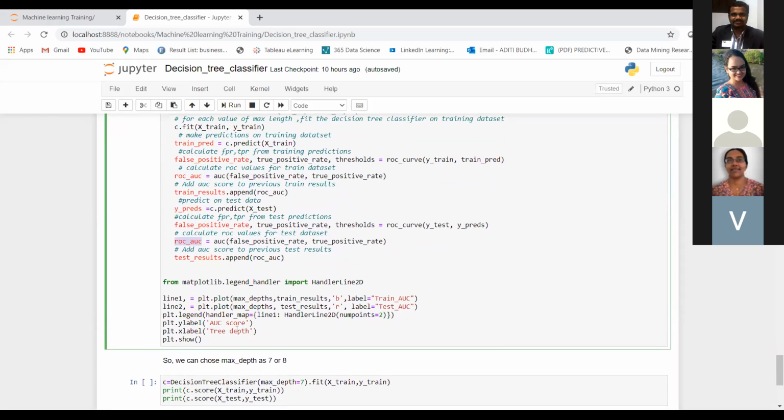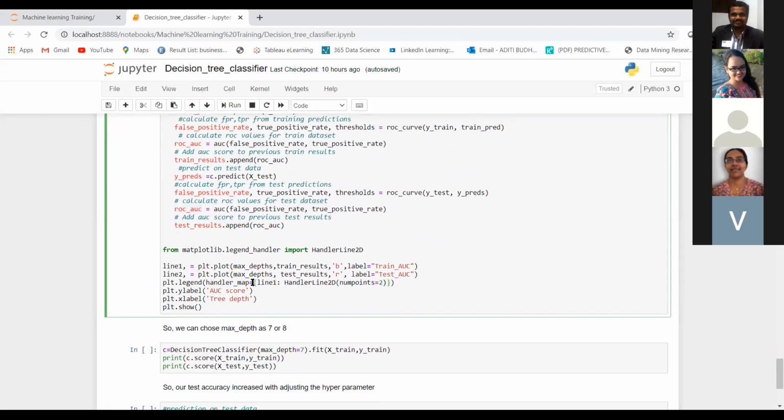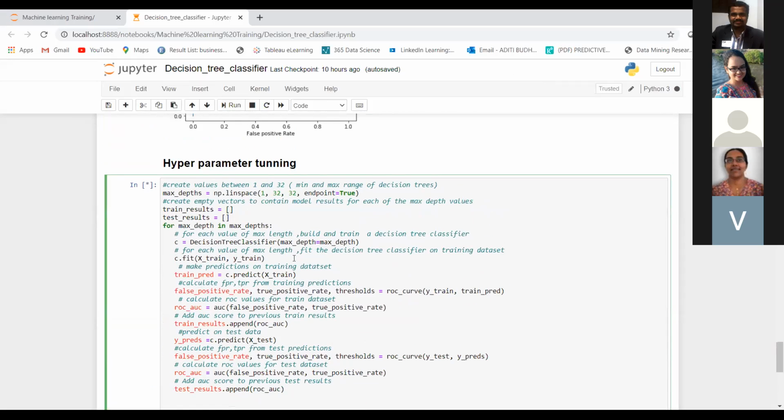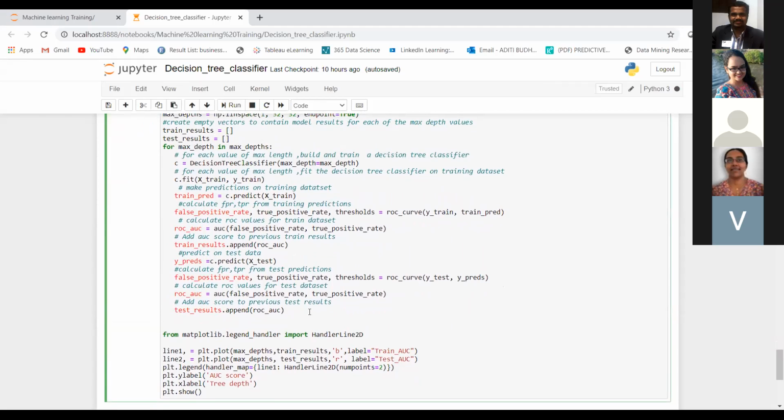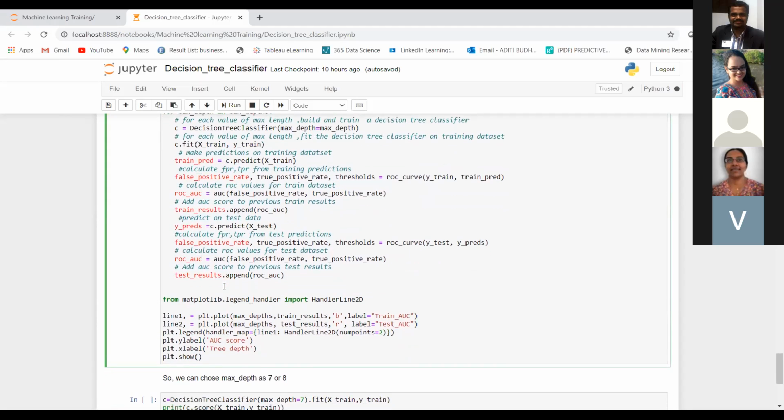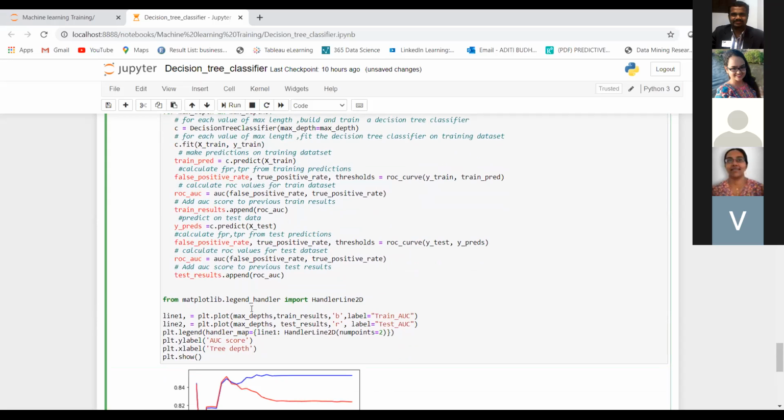Then I will plot. So let us run this and see the plot. It is running. Now when I get this training and testing result, I will use both of these results to plot my graph.